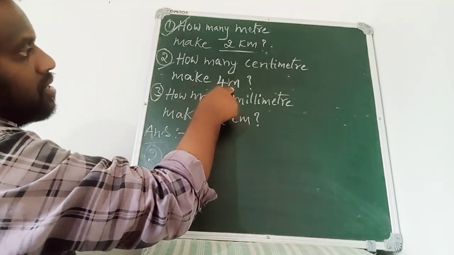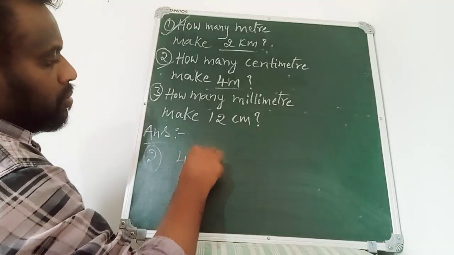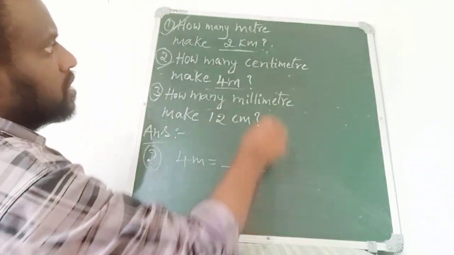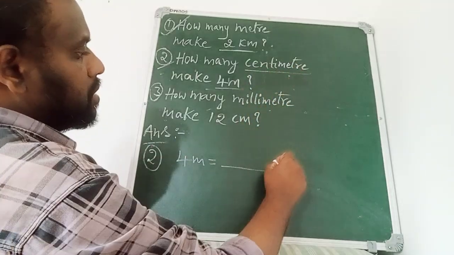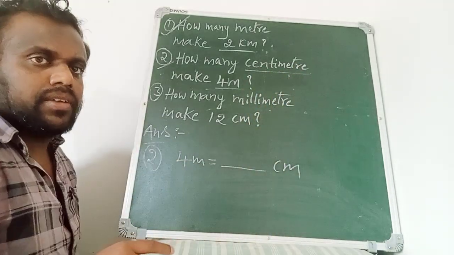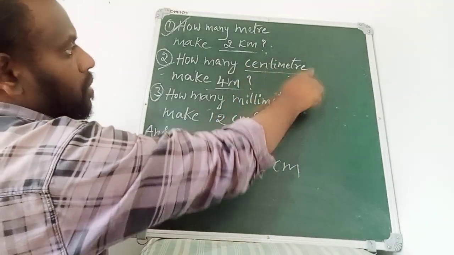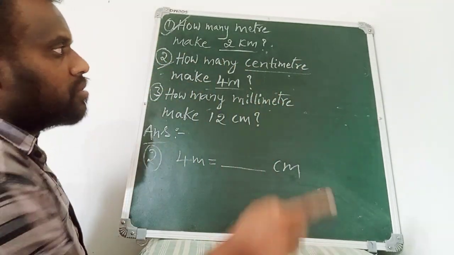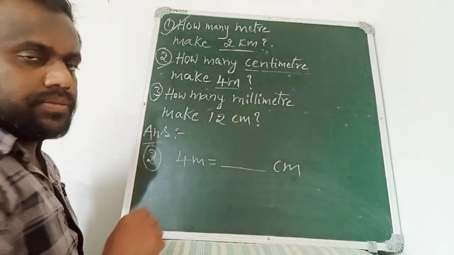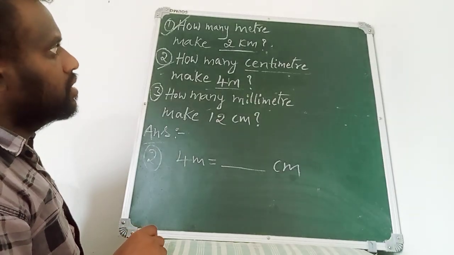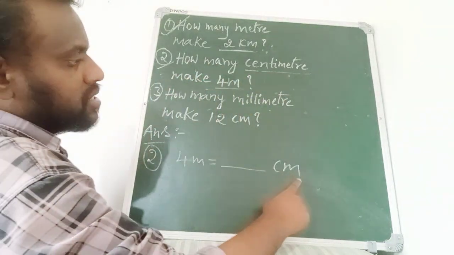What is the meaning of this? This 4 meter is equal to dash centimeter. In place of centimeter I will write cm. Cm means centimeter, the short form of centimeter.